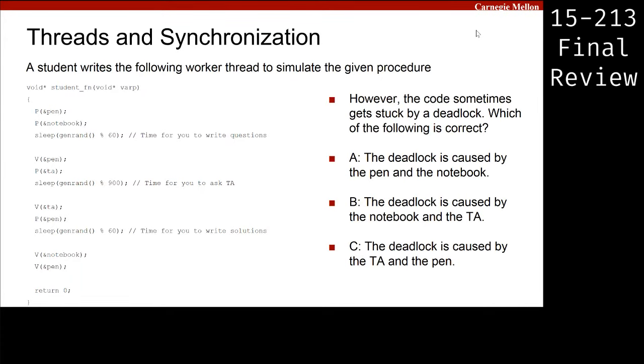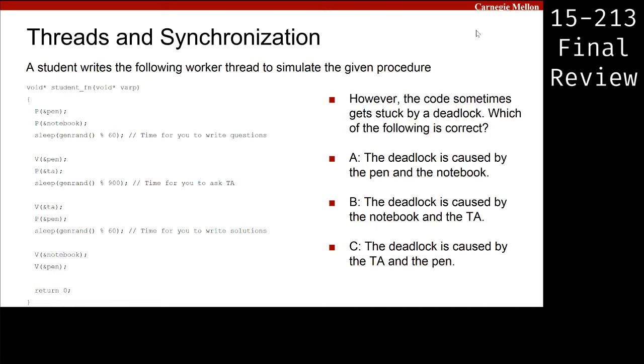So what happened was a student wrote some code for the worker thread, because that's the main part we'll be focusing on. And it turns out that it works fine most of the time, but there is a deadlock once in a while. So the question here is, what exactly is causing the deadlock? Is it A, the deadlock is caused by the pen and the notebook?